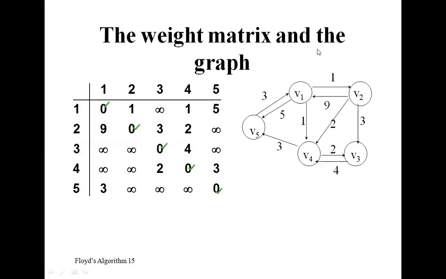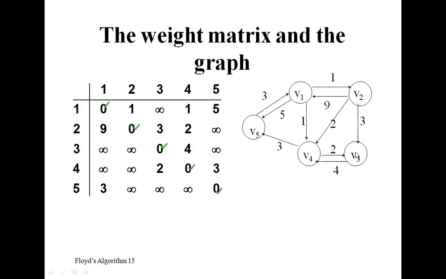Now see this one, vertex 1 to 2. Vertex 1 to 2, there is a value 1, so you can write 1. Now vertex 1 to 3, there is no direct edge.